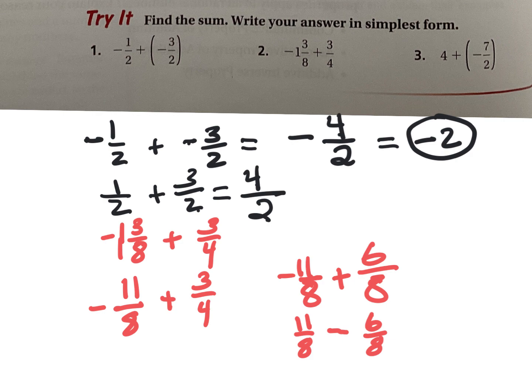And I go 11 minus 6 is 5. And I bring over the 8. So it's 5/8. And now I have to decide which one of these is bigger. The 11/8 is bigger. And so I'm going to go with this sign right here. My answer is a negative 5/8.